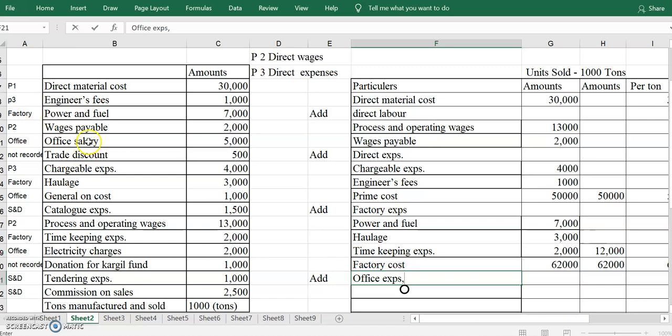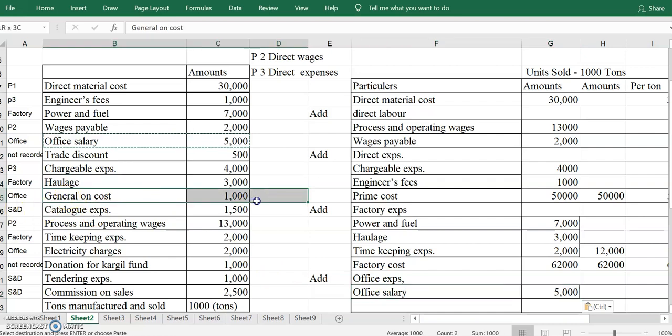First, office salary. Second heading, office general on cost.